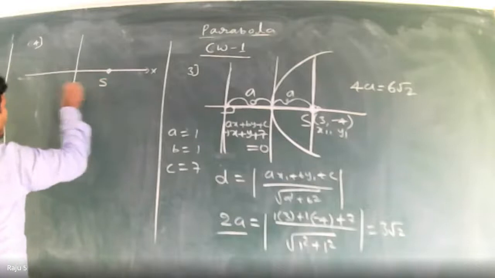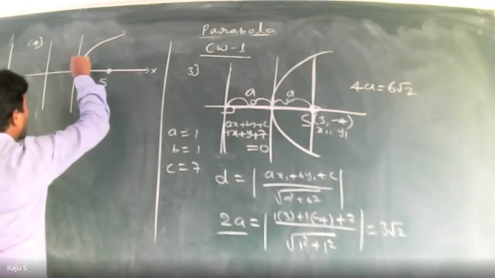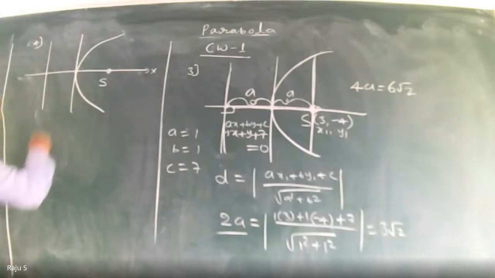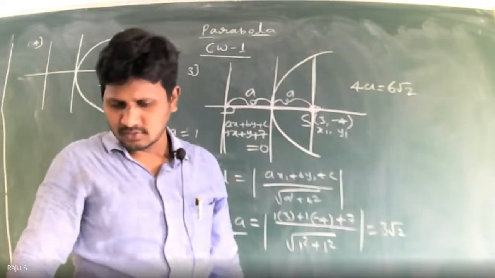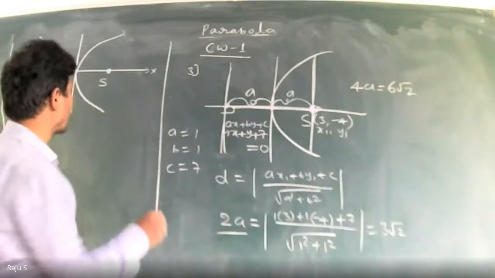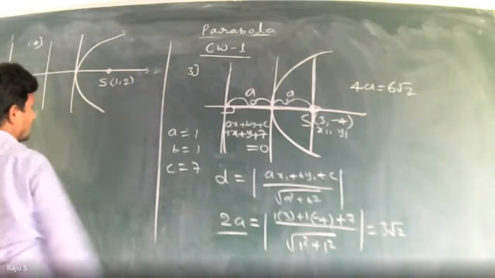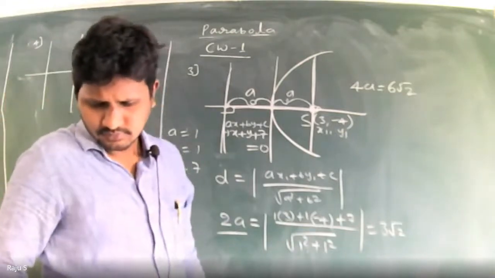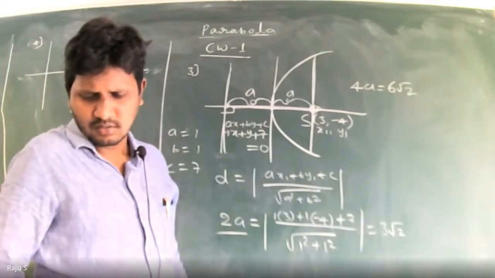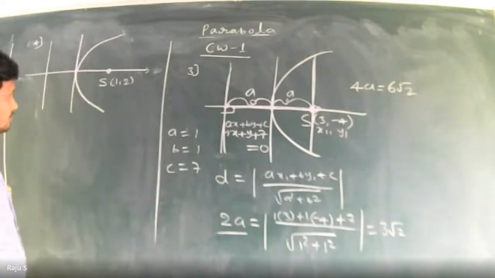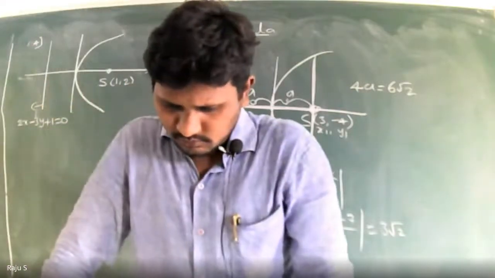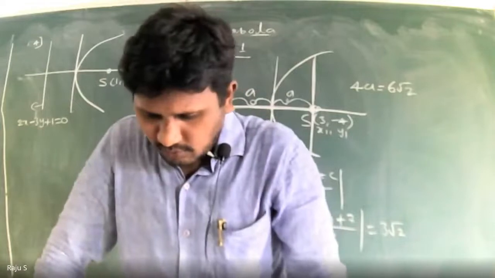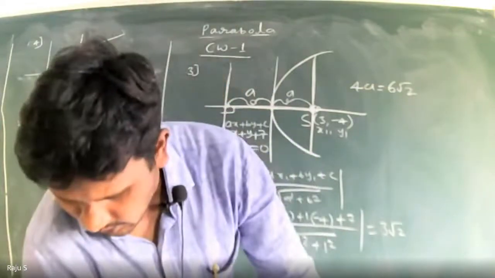Focus is given, directrix equation is given, and for this parabola we need to find the tangent at vertex equation. The focus is 1 comma 2, and the directrix is 2x minus 3y plus 1 is equal to 0. Fine. And then the equation of the tangent at vertex.